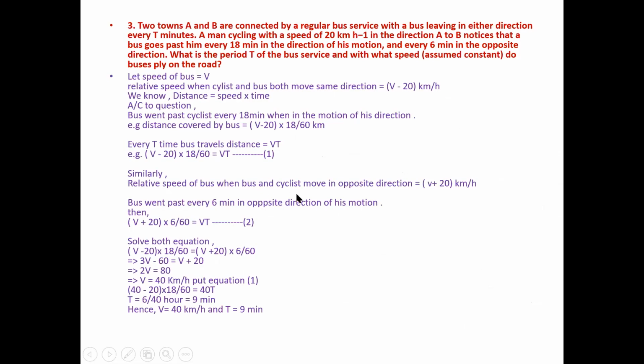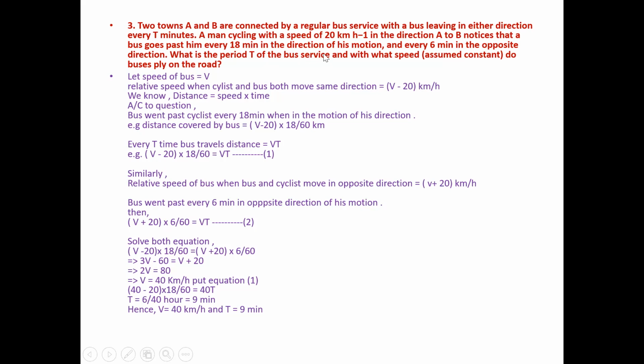The next one. See, this is a very famous question. Two towns A and B are connected by regular bus service with a bus leaving in either direction every T minutes.